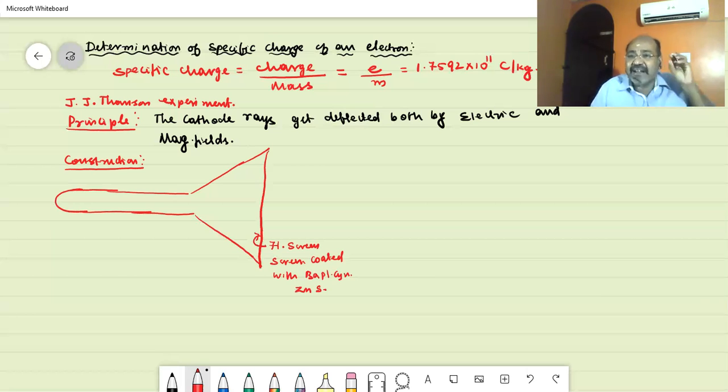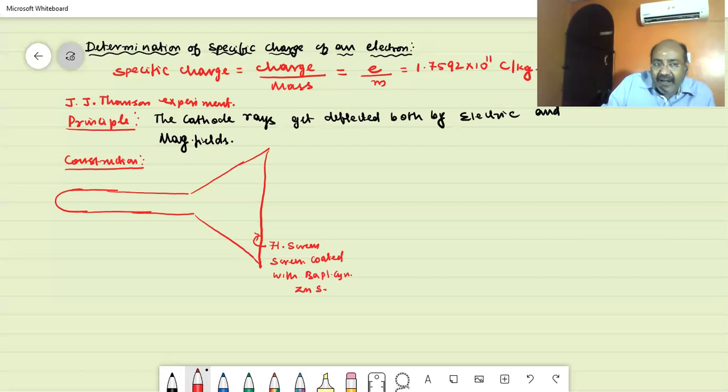Over that screen, when cathode rays are made to fall on it, you can see bright spots or scintillations called fluorescent spots. Then inside this, some gas is enclosed and the discharge tube is evacuated to a low pressure in the order of 0.01 millimeter of mercury.